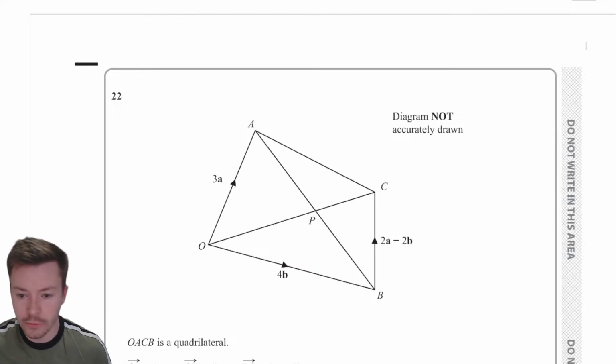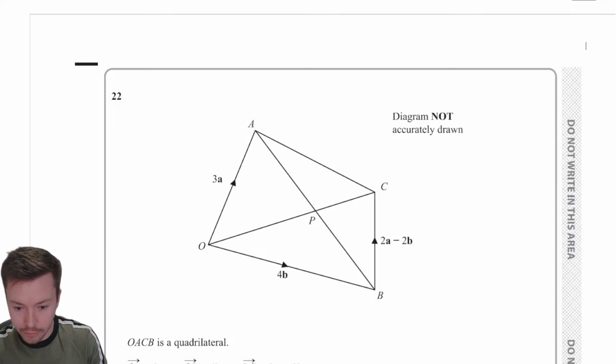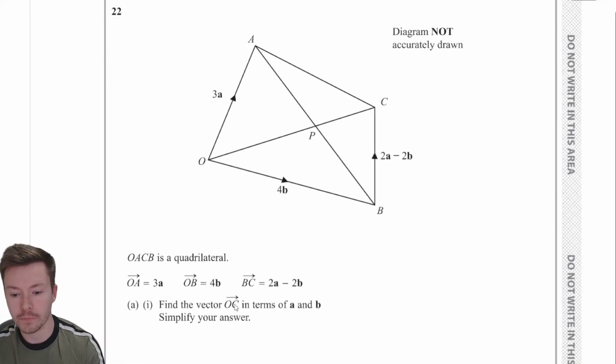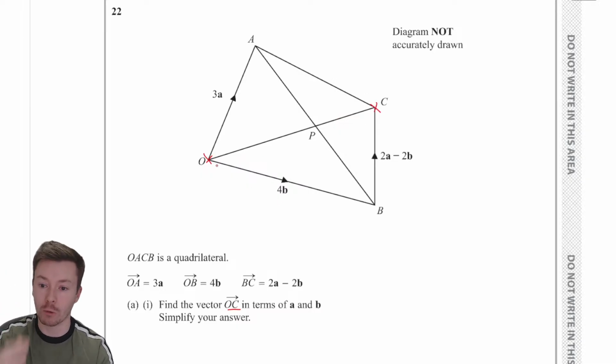Right, okay, so we've got OA is equal to 3a, OB is equal to 4b, BC is 2a minus 2b. The first bit isn't too hard. It's finding the vector OC, which is basically how we get from O to C and what vectors we use. You can't go straight there, you need to go around.